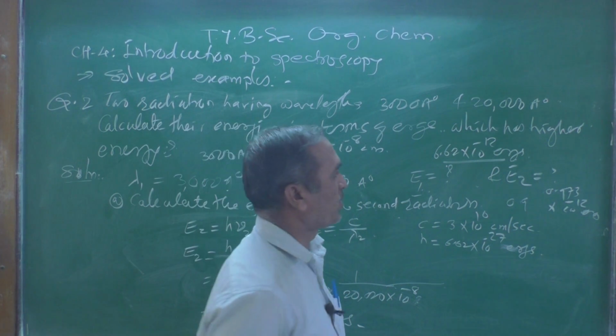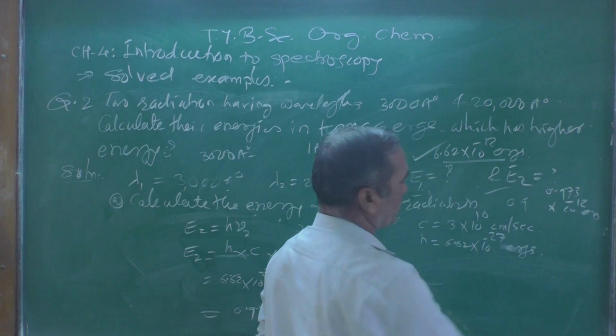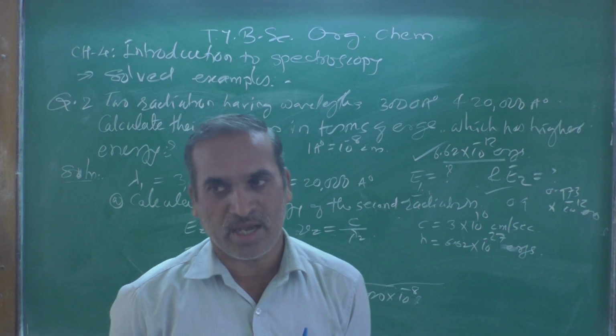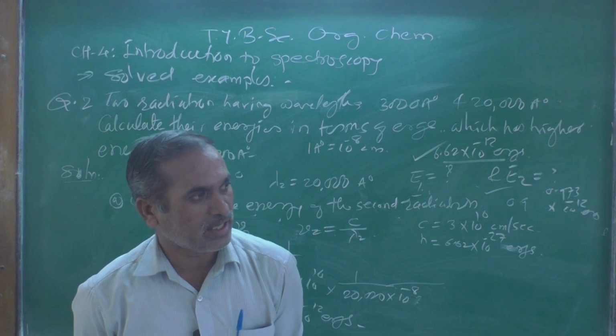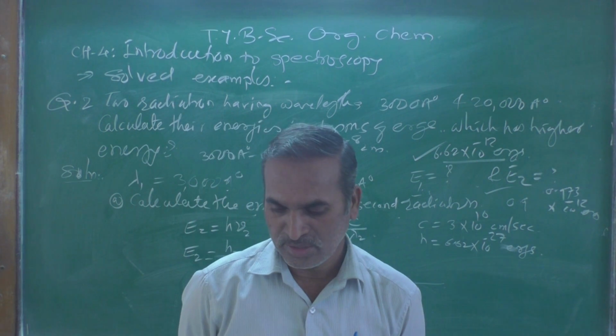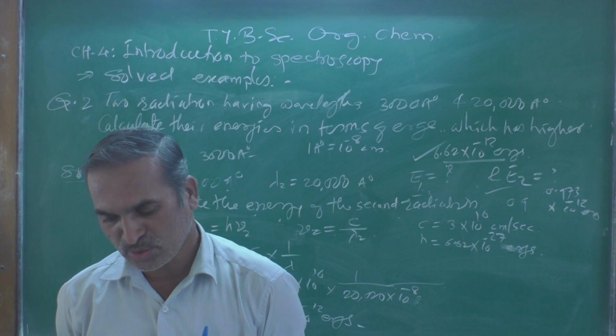E1 is higher than E2. It means that E1 radiation has a higher energy than E2. That is the conclusion we can draw here.